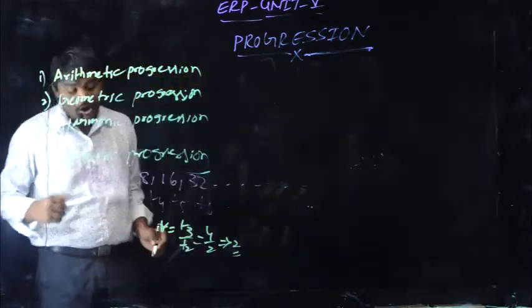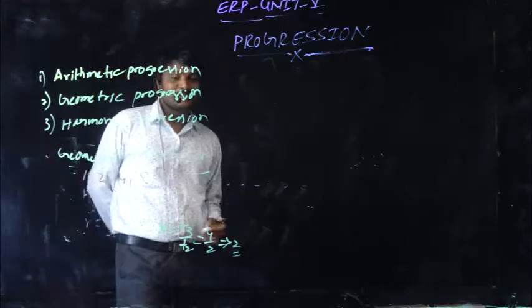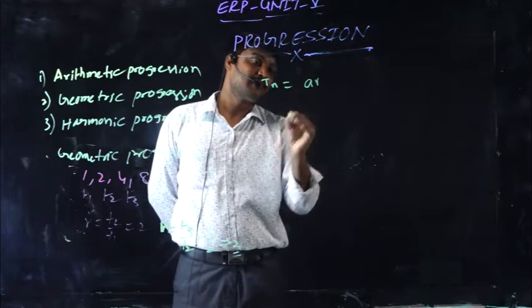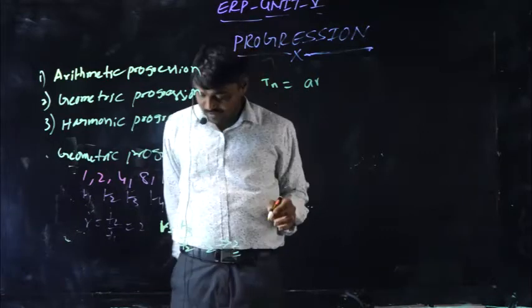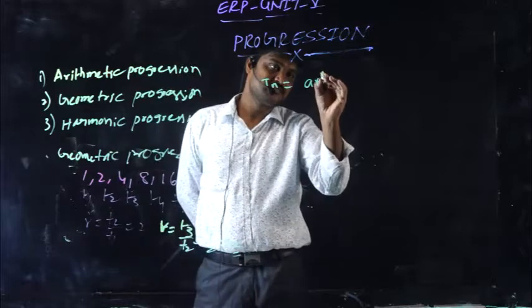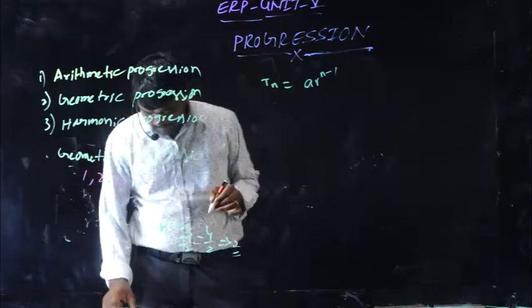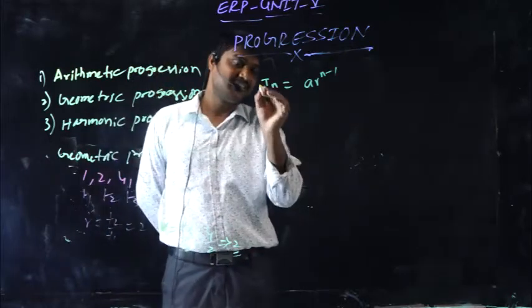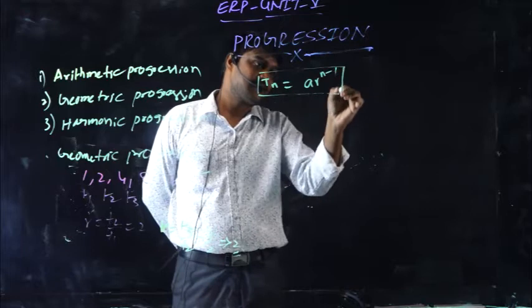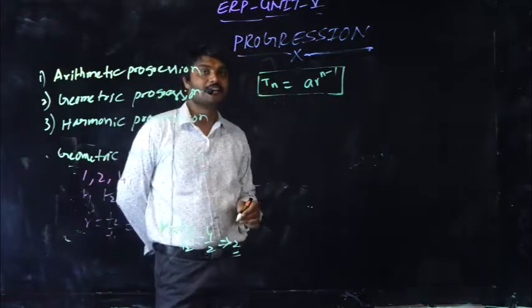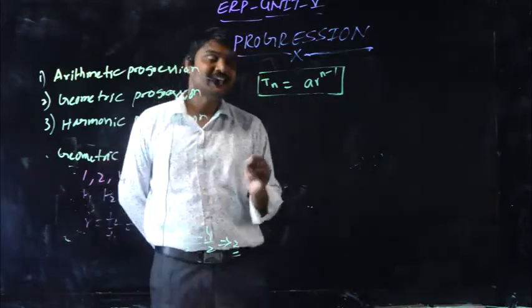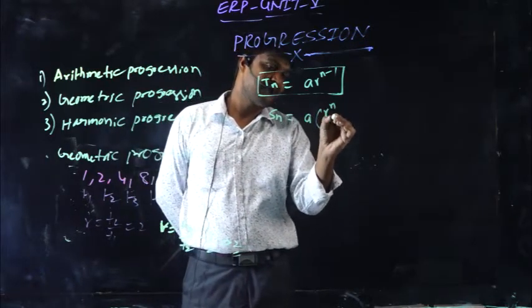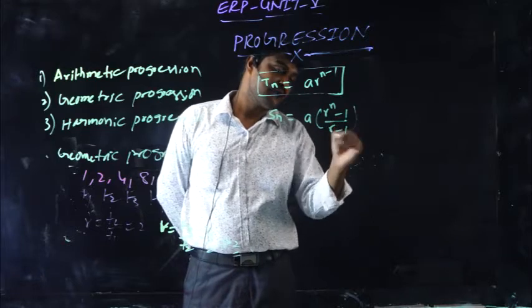So in geometric progression, the nth term equals a into r power n minus 1. The sum of the n terms: Sn equals a into r power n minus 1 by r minus 1.